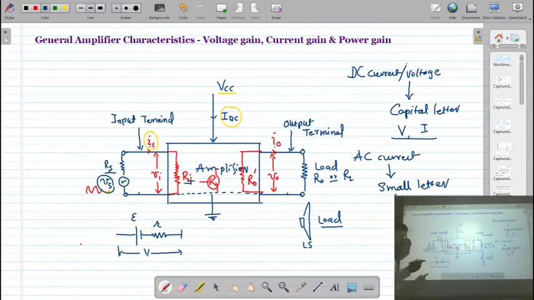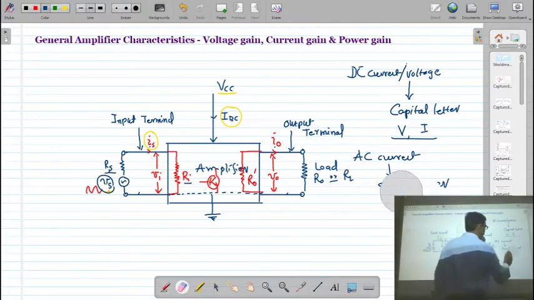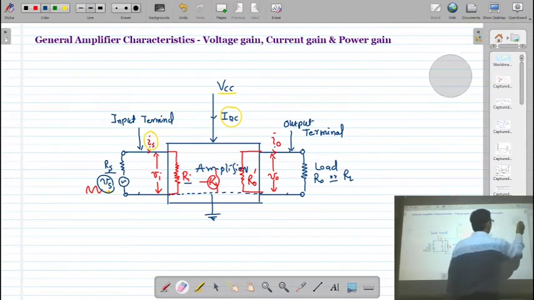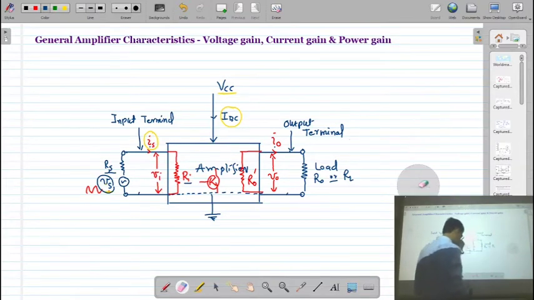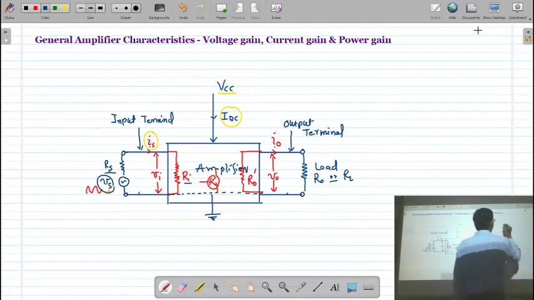Okay, now let us define the current, voltage and power gain of the amplifier. First of all we will see the voltage gain.